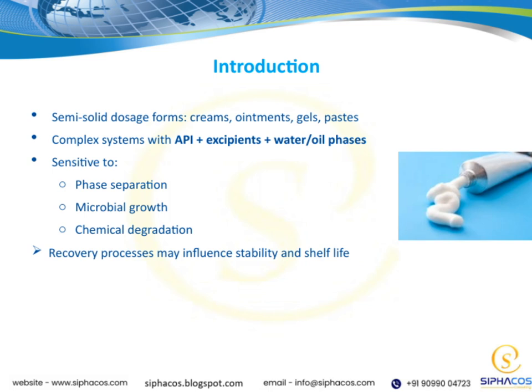For example, phase separation can occur, where the components of the formulation start to split apart, which can compromise the product's effectiveness. Microbial growth is another concern, especially since these products often contain water, making them susceptible to contamination if not properly preserved. Additionally, chemical degradation of the API or excipients can happen over time, affecting stability.